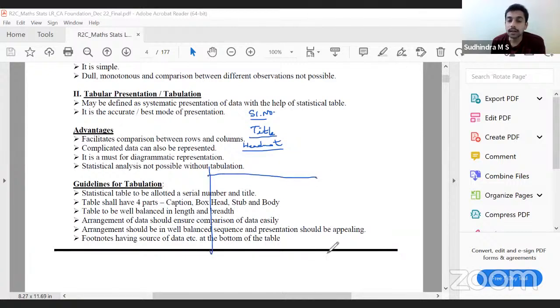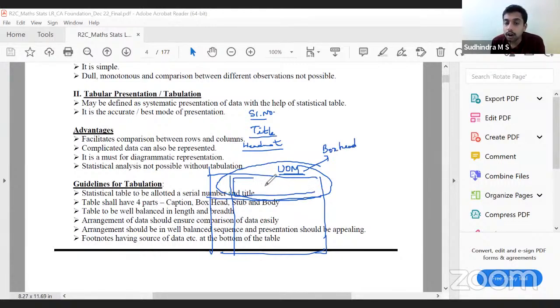Then we have the body, where data is presented. Just above that, we can write the unit of measurement, scale, etc. Now, in the body, the entire upper part of the table, including the units of measurement, is called box head. Those column headings and column subheadings are called captions. So captions are included in box head.